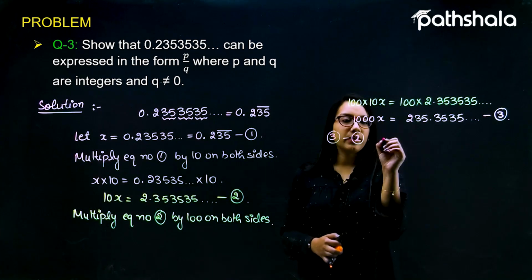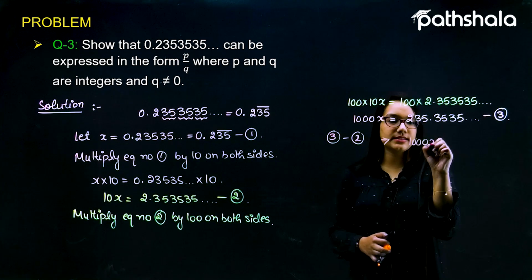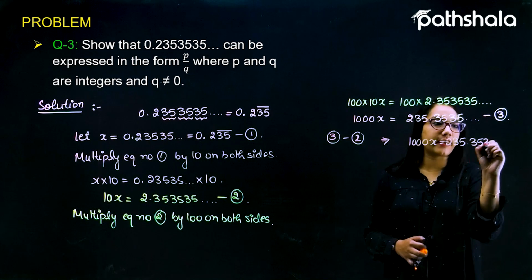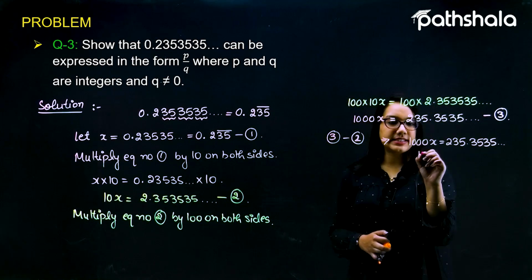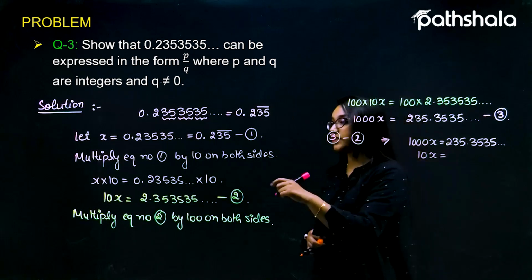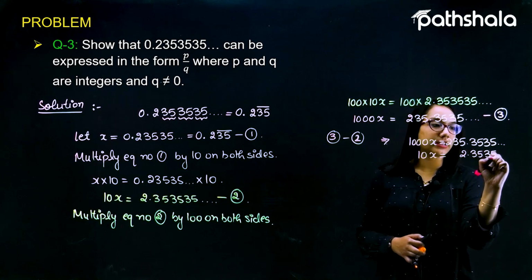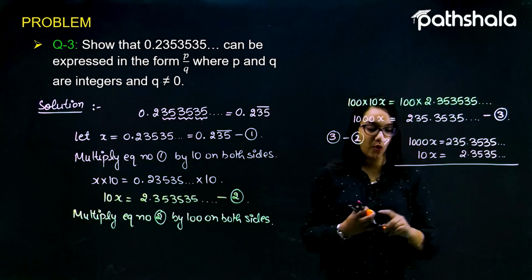It will be 1000x, which is equal to 235.3535 and so on, and equation number 2 is 10x, which is equal to 2.353535 and so on. So let's subtract these two equations.